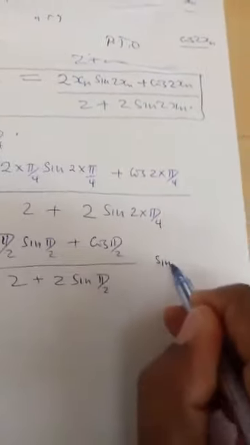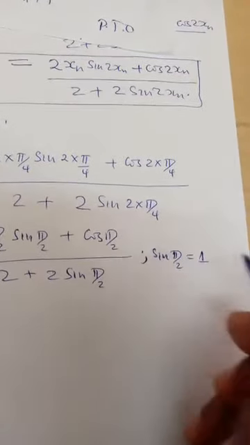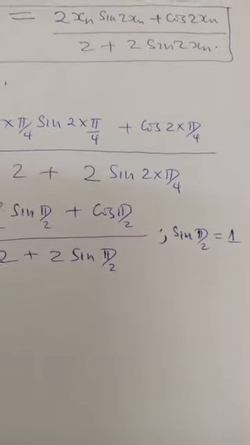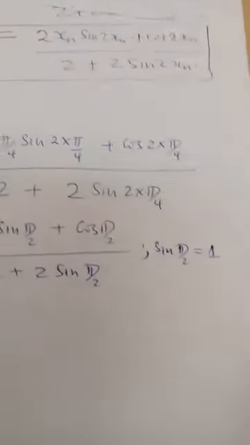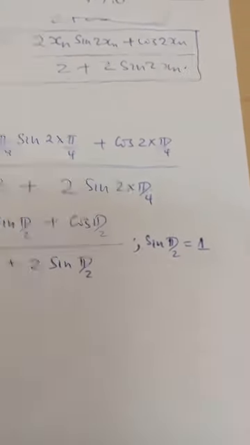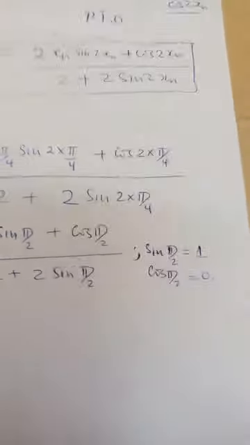But sine of pi out of 2 is 1, and cos of pi out of 2 is 0.